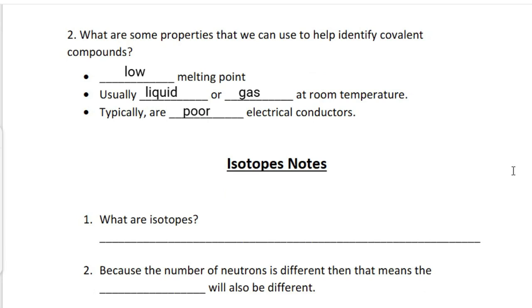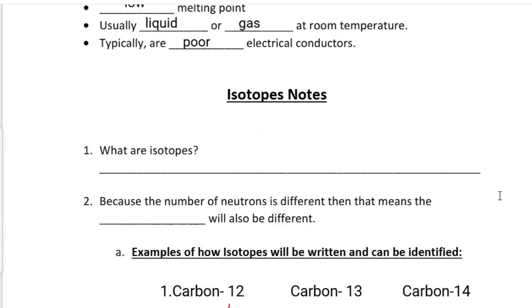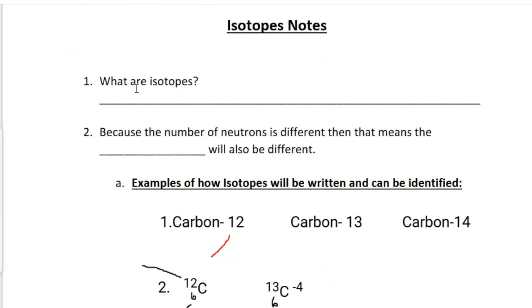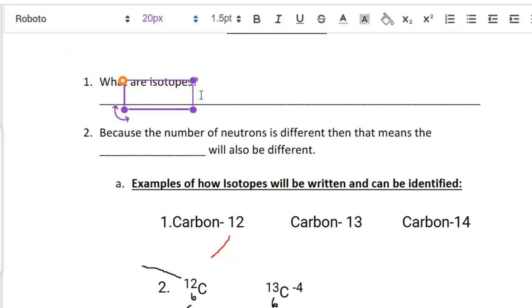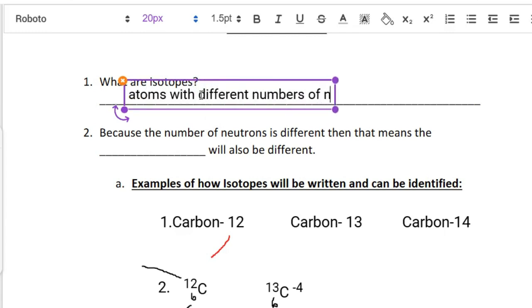So let's recap before we move on to isotopes. So ions have different numbers of electrons. Protons do not change because they are the identity of the element. So that leaves us with the neutrons. So when we look at an isotope, the definition for an isotope is atoms with different numbers of neutrons.